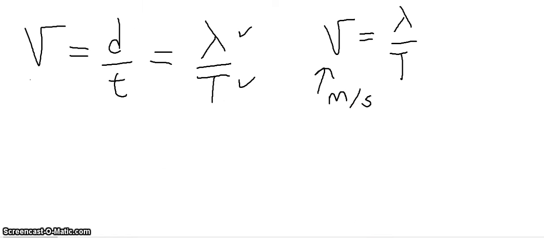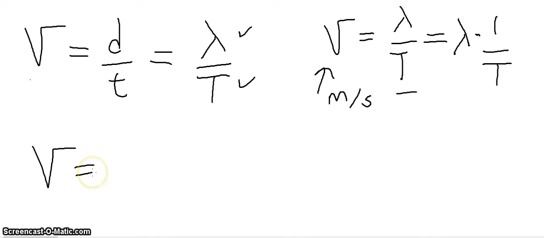Now, one thing I want you to notice is I could rewrite this equation as lambda times 1 over the period. I haven't really changed anything, right? That equation is exactly the same as that. But the reason I did it that way is because we can replace the 1 over T by what it is.